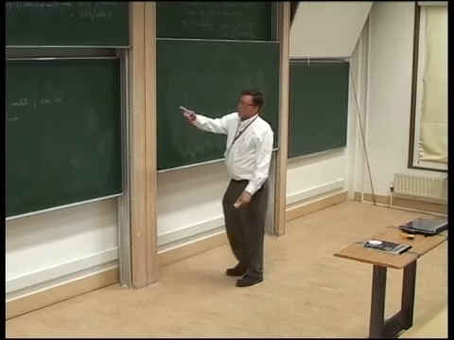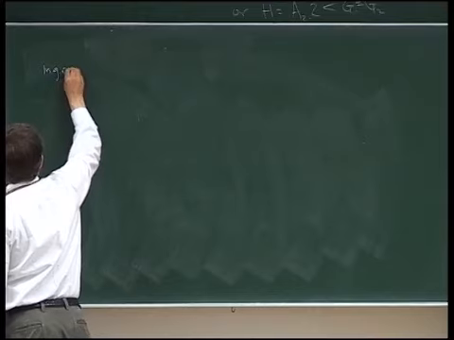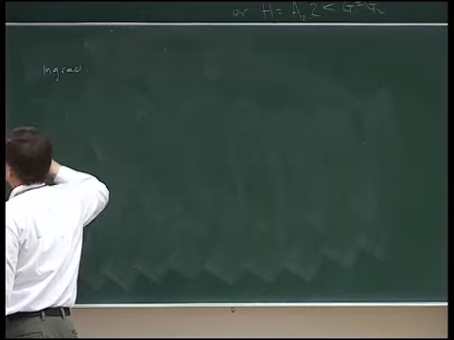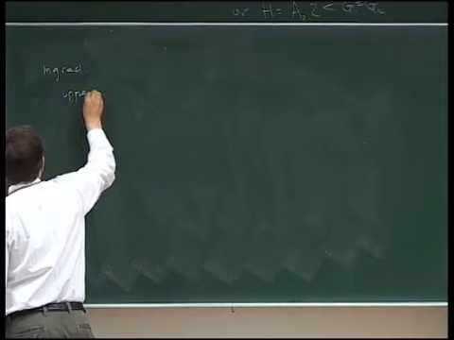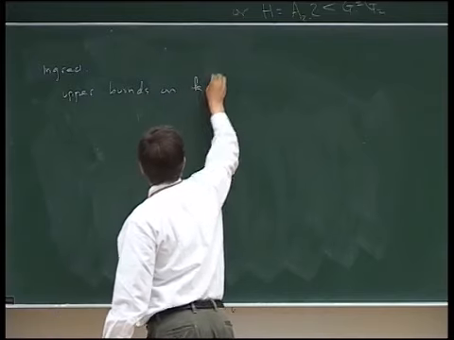So there are a couple of ingredients that go into the proof. You need upper bounds on the number of conjugacy classes.